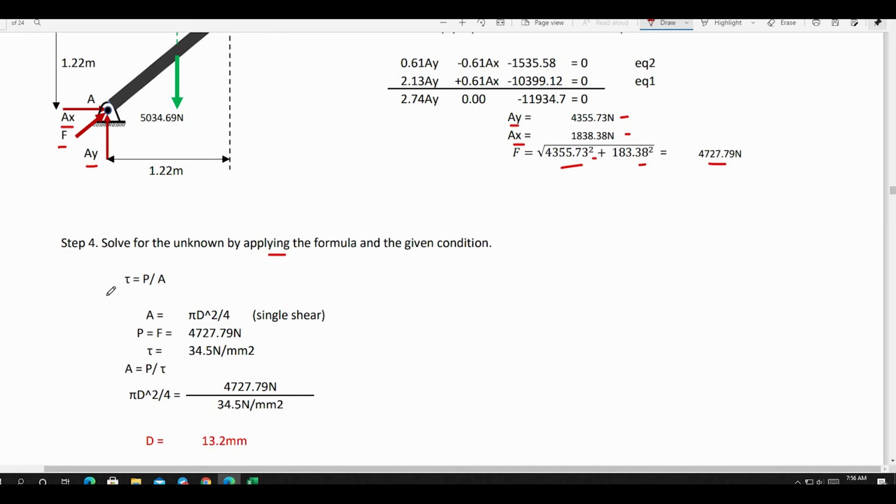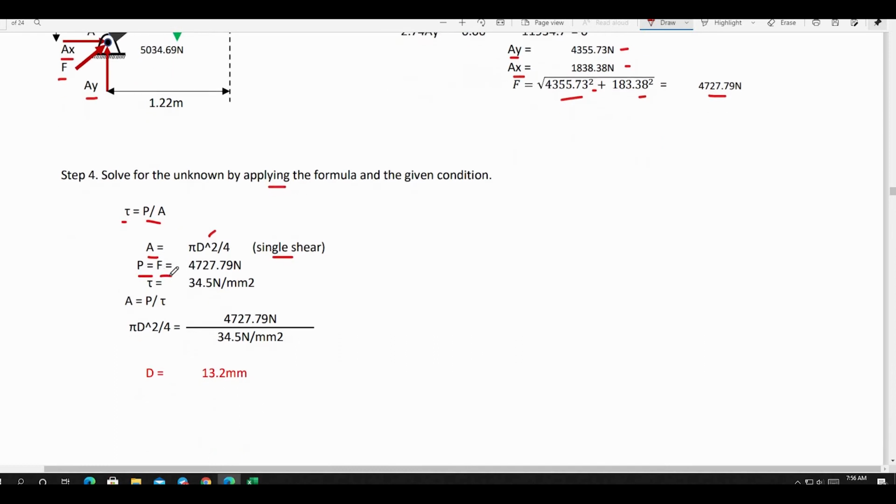After solving for the force, we can now solve for the unknown by applying the formula and the given condition. So tau, that is the symbol for shear stress, is equal to force divided by area. Area is just equal to pi d squared all over 4. That is for single shear. That is equivalent to the area of a circle, since we talk about diameter. So P is just equal to the force applied, which is equal to 4,727.79 Newton.